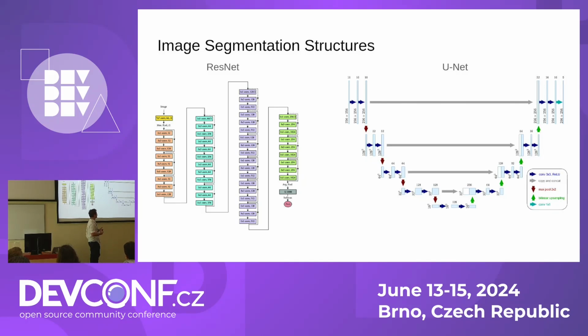And with these features, we try to construct a new image in the decoder branch, this one here, and we try to build a new image based on the features we extracted. That's the idea of the encoder-decoder structure.